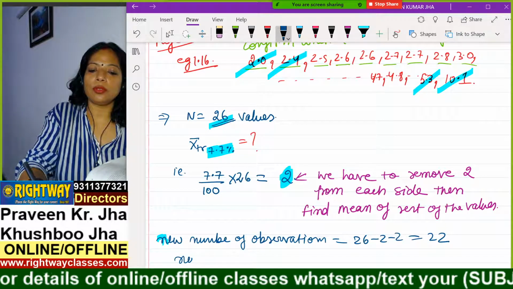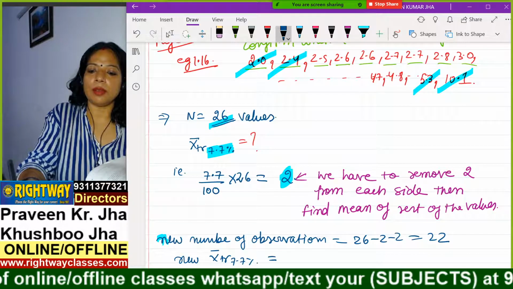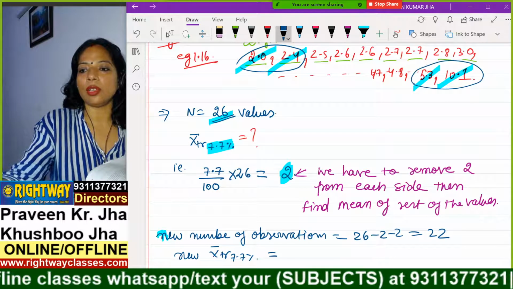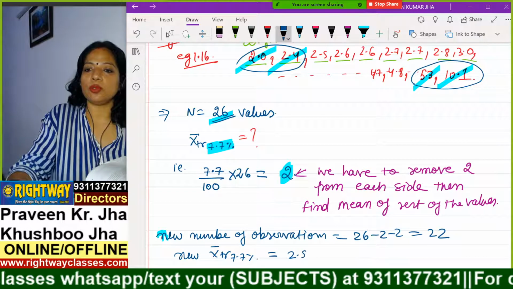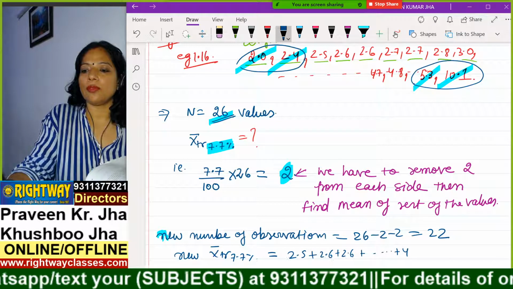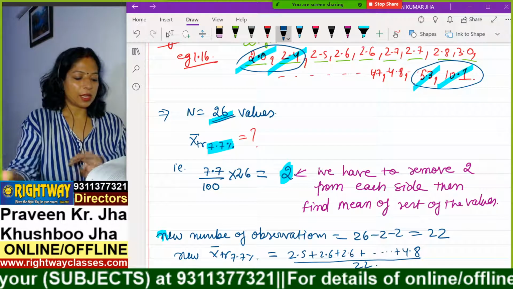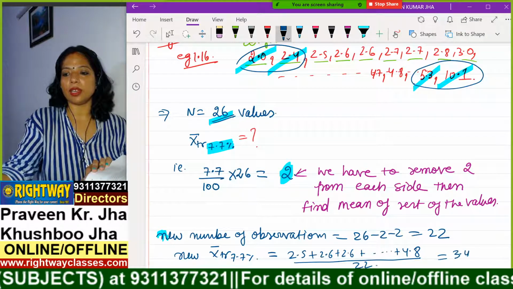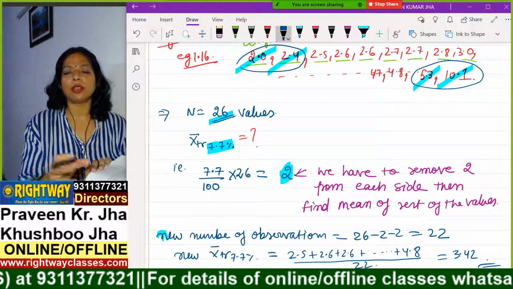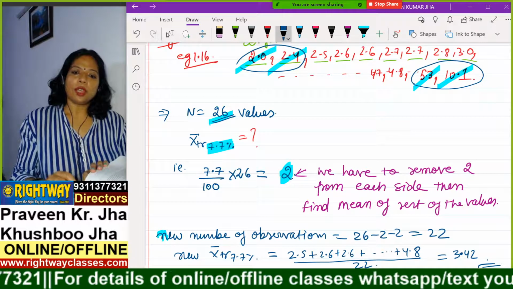So the new trimmed mean will be just leaving these 2 and adding all the values like 2.5 plus 2.6 plus 2.6 up to 4.8 and upon 22. Okay, this we can find out, and this will be 3.42. This we have already calculated, so it is not a big deal. So is it okay, trimmed mean?